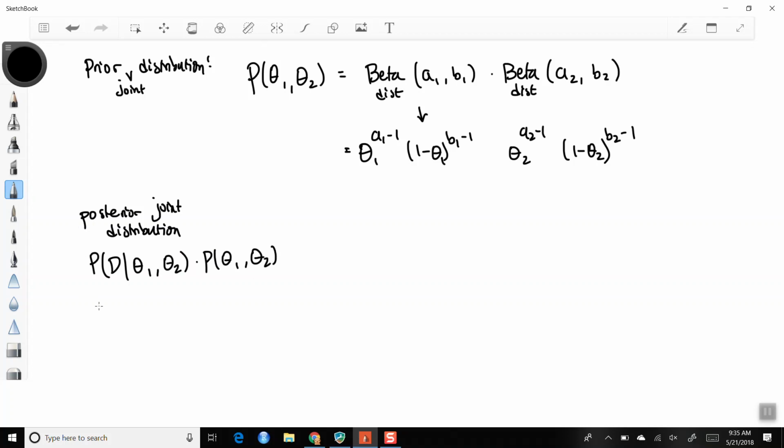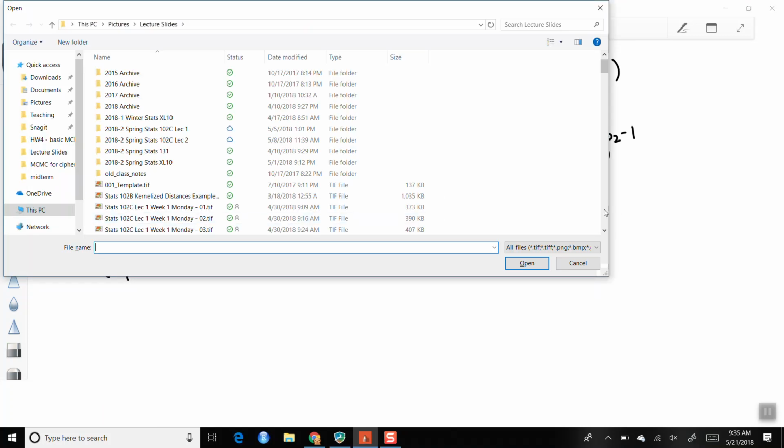divided by some constant. So I will just say it is proportional to this, and let me just go back to our previous slide.